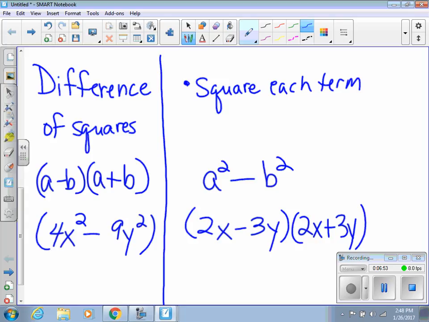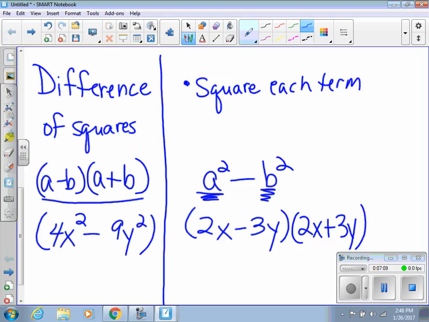Okay, so when they're two quantities squared, you're going to break them up like this. They're going to be two binomials with the same terms, and they're going to have different operators inside of them.